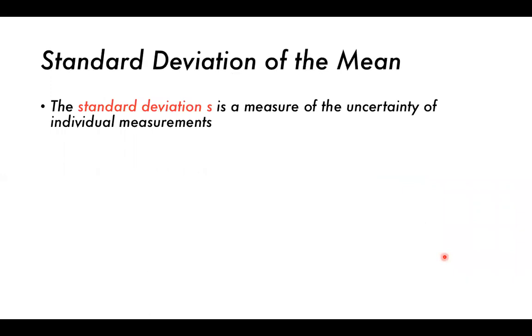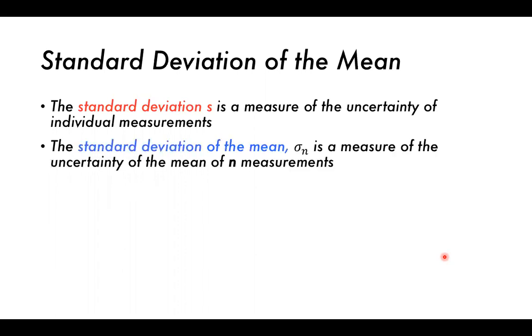So the standard deviation S is a measure of the uncertainty of individual measurements, and it tries to describe how much the measurements in our sample vary and how much they differ from the mean for that sample. The standard deviation of the mean, sigma n, is a measure of the uncertainty of the mean of n measurements.